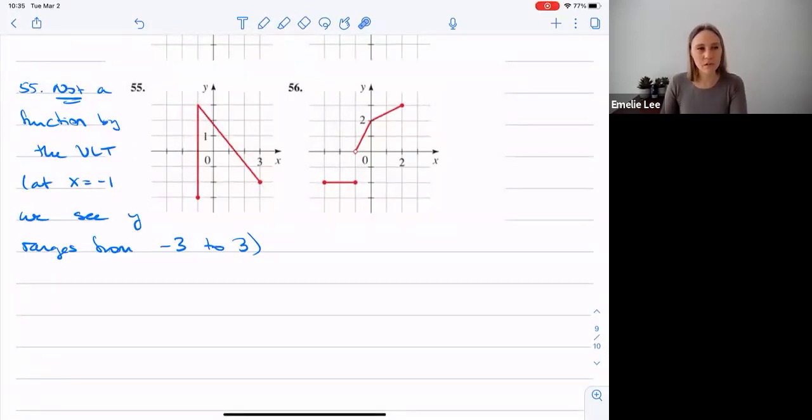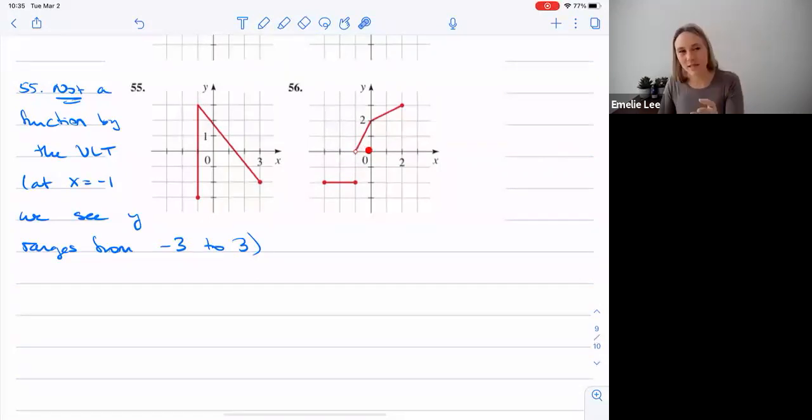Okay. And then here, right? At each point, I can draw a vertical line. The only one that I'm concerned about is here. It looks like it exists down here on this horizontal line, and then it jumps up, but it doesn't include the point on the x-axis at -1.